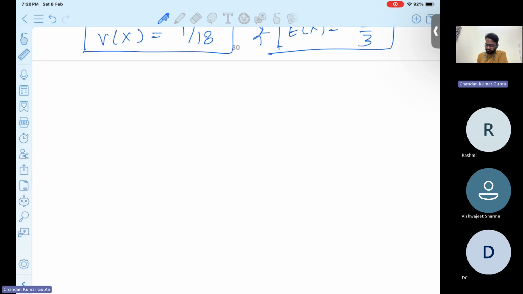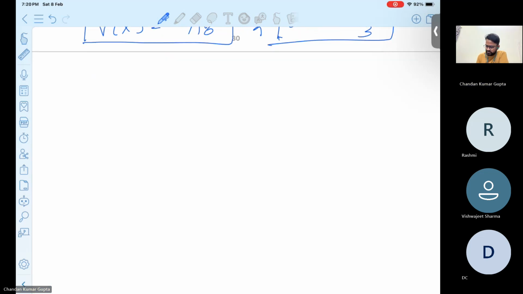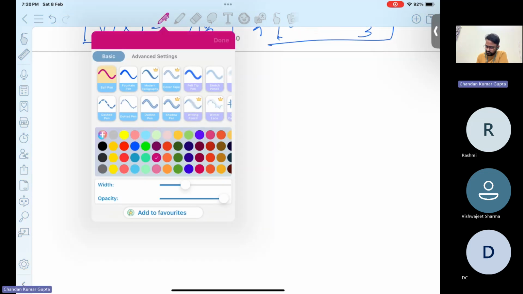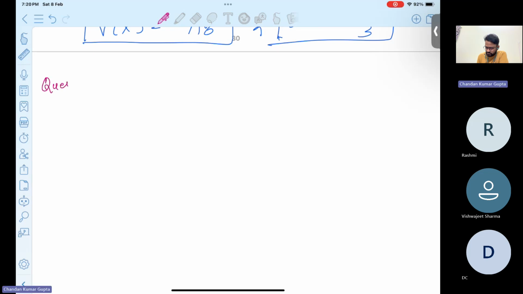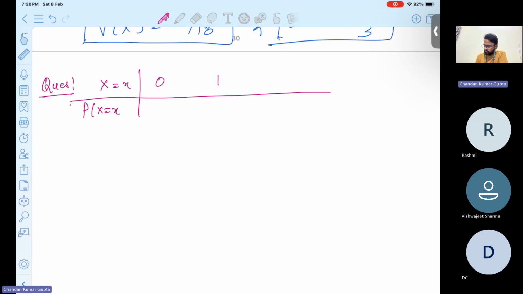Now we have one discrete type question as well. Like we are given the distribution, like the value of x is 0, 1, 2, and 3, and the probability is suppose 0.5, 0.3, 0.15, and 0.05.